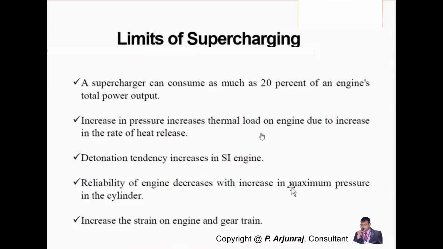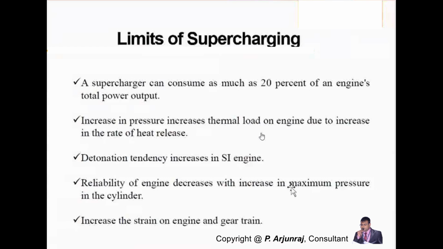I told you about abnormal combustion. You have three types of combustion: normal combustion, abnormal combustion, and retarded combustion. Normal combustion is where the fuel and air get ignited. When you ignite the fuel, the combustion pressure shoots up.